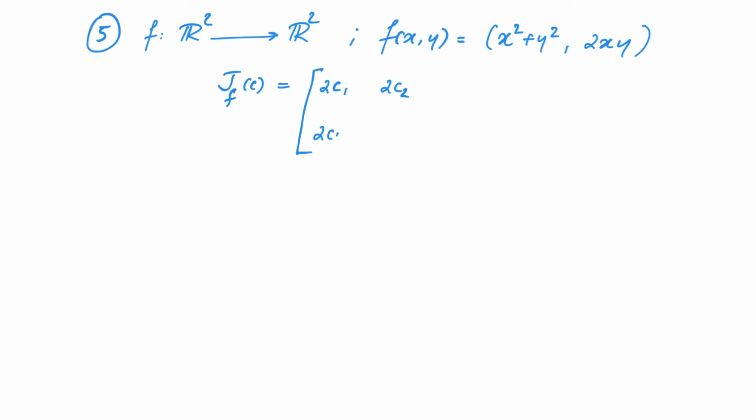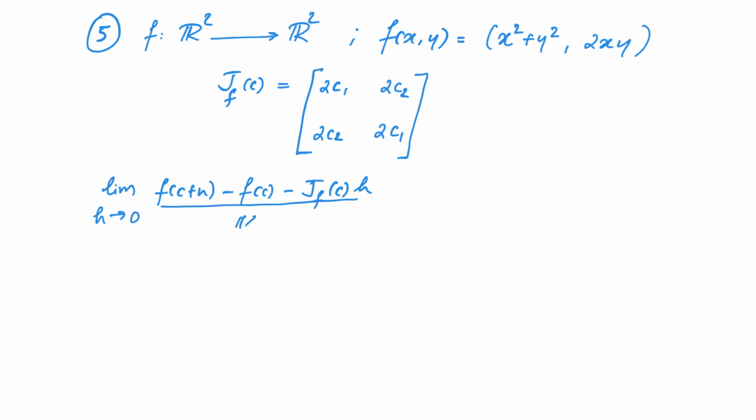That is the Jacobian matrix. Now let's try to prove that this function is indeed differentiable. For that, we will have to show that the limit as h tends to 0 of ||f(c + h) - f(c) - Jf(c)h|| divided by ||h|| is equal to 0. But first let us try to understand what these different terms are.